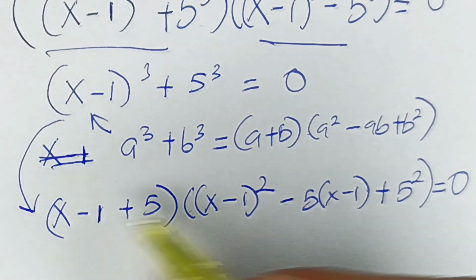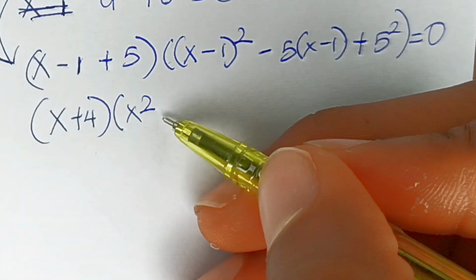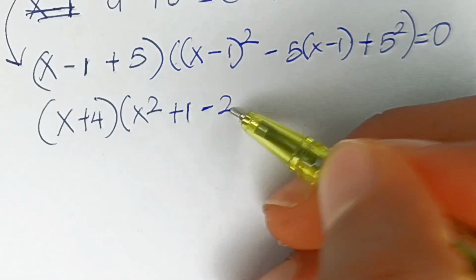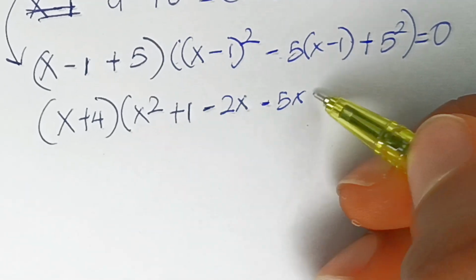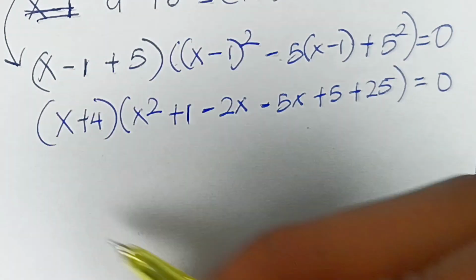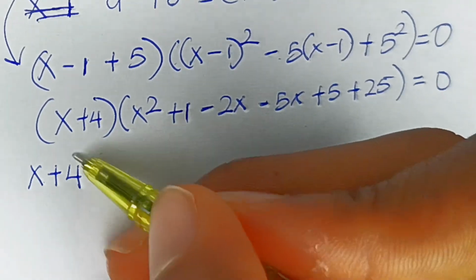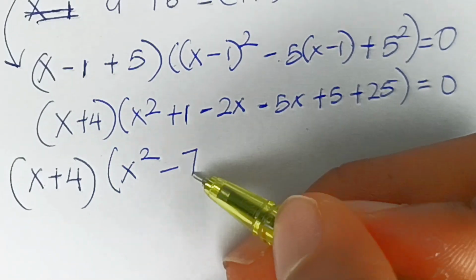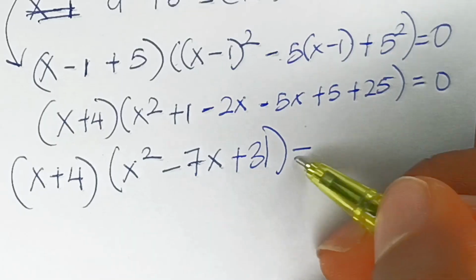Now, x − 1 + 5 is x + 4, multiplied by (x^2 + 1 − 2x − 5x + 5 + 25) = 0. And this gives us (x + 4) multiplied by (x^2 − 2x − 5x is −7x, 5 + 25 is 30, plus 1 is 31) = 0.